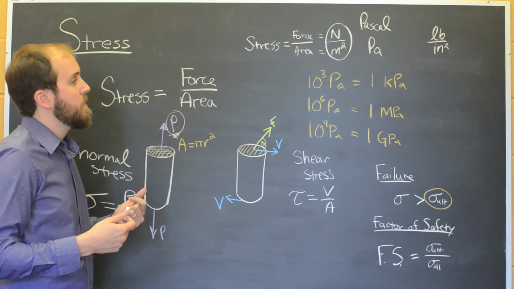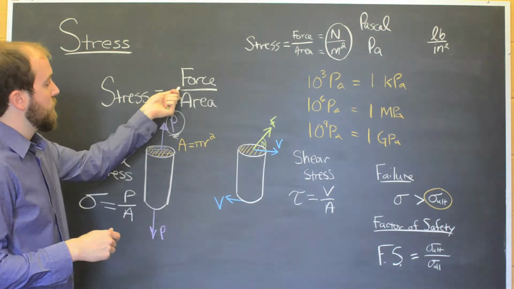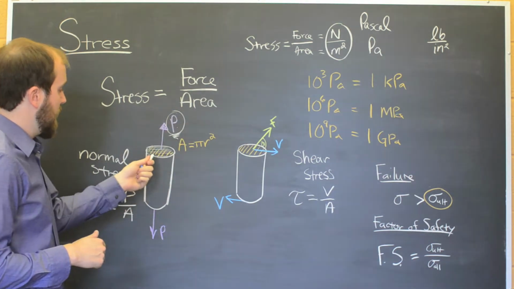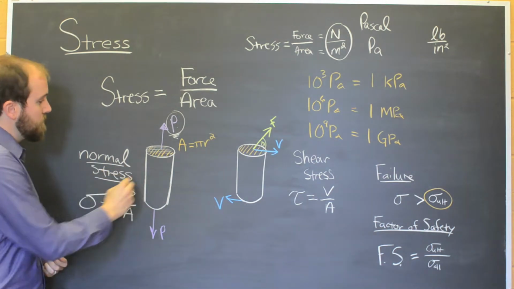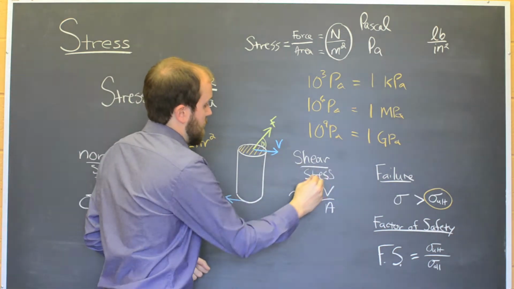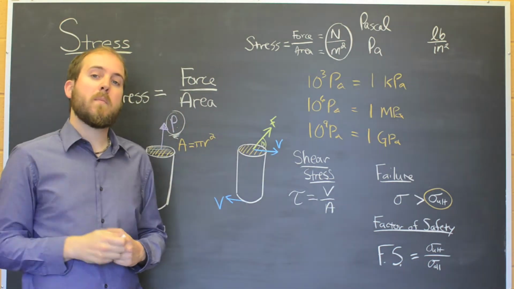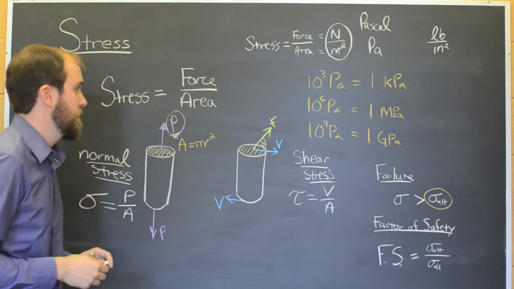And so in today's lecture, we've introduced you to stress, which is an external force acting over a cross-sectional area. We've described the two main stresses you'll observe, normal stress and shear stress. Normal stress is when the force acts perpendicular to the cross-section, and shear stress is when the force acts parallel to the cross-section.